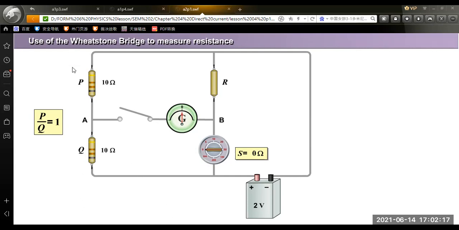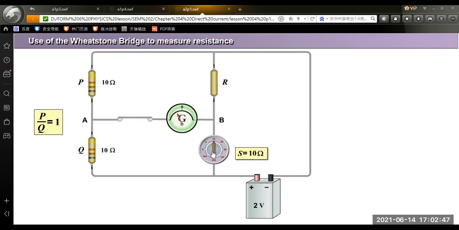Now P over Q is equal to 1, right? If P over Q equals 1, does that mean balance or not? No. That means that between P and Q the current flows. So that means here we have a potential difference. What I can do is adjust, since P over Q equals 1, that means R over S will be equal to 1 as well.